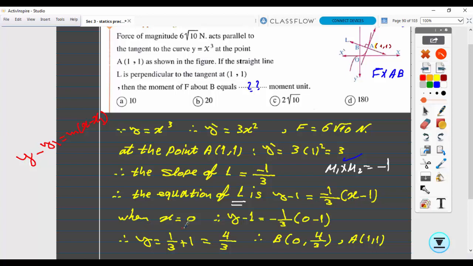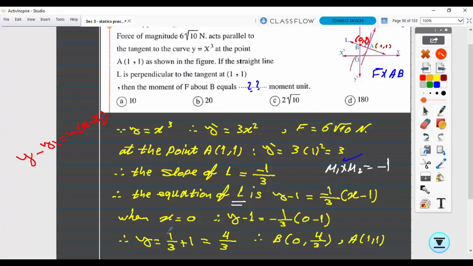Now I want to find the coordinates of the point B. At point B here, the x coordinate equals 0. So what is the coordinate of y? When x equals 0, you can substitute here x equals 0 and deduce y. y minus 1 equals -1/3 multiply 0 minus 1.